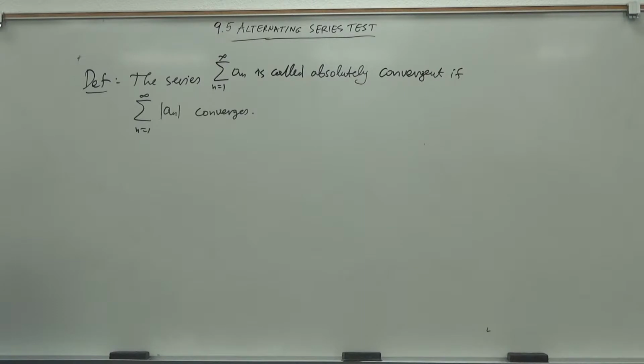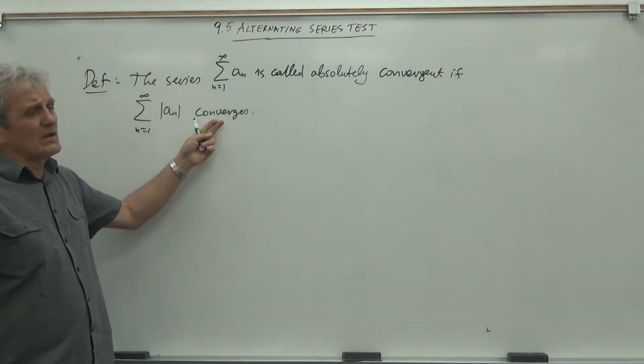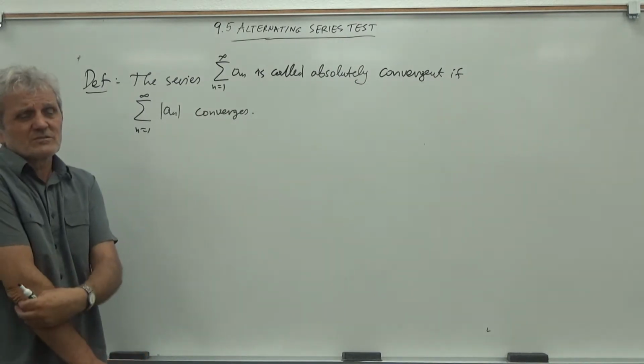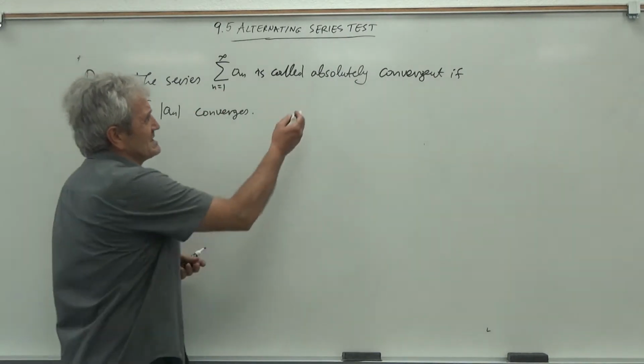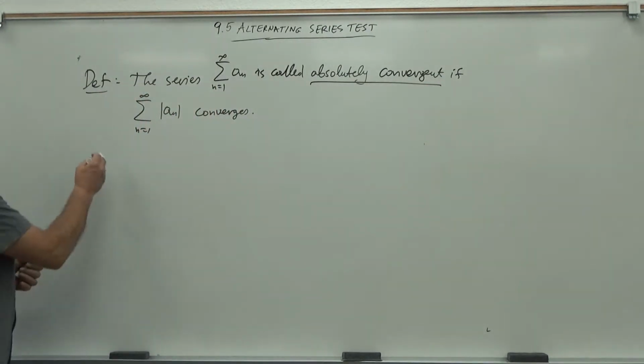Even the way we code it, it looks like when the question is here, okay, if the series of absolute values converges, does it necessarily mean that the original series must converge? The way it was formulated, it's absolutely convergent. It looks like yes, and the answer is really yes. So, theorem.